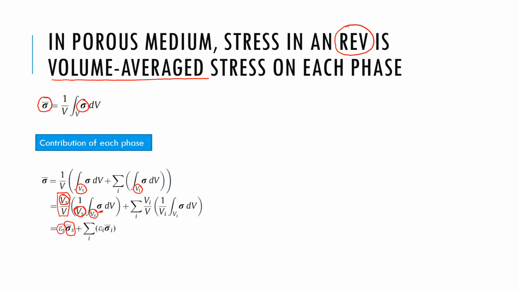In the same way here, if I multiply and divide by Vi, then this quantity is the epsilon i, or the volume fraction of phase i, and then this part of it is sigma bar i, or the average stress for one particular phase.